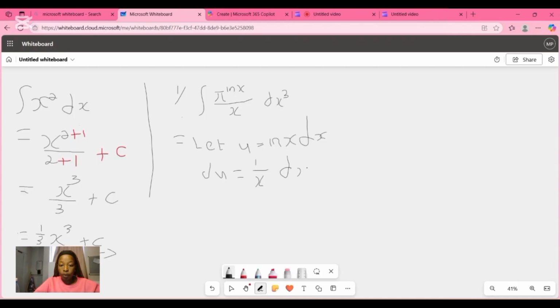So basically we are solving for dx. We're going to divide this by 1 over x.